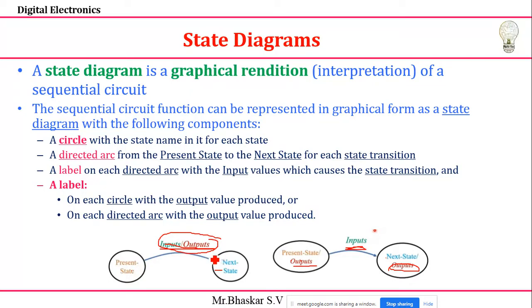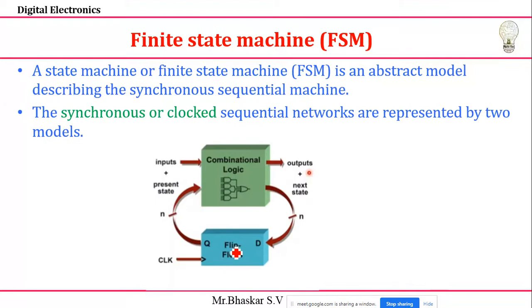That is the difference. On which conditions I need to represent it this way, and on what conditions we represent the output inside the circle, that's very important. Let's move on to that, how to analyze these things. Okay, before going to that, if you take FSMs, you have read about FSMs, right?